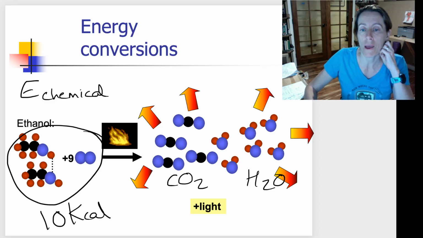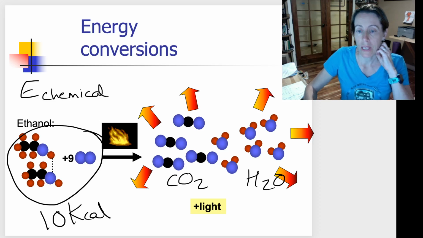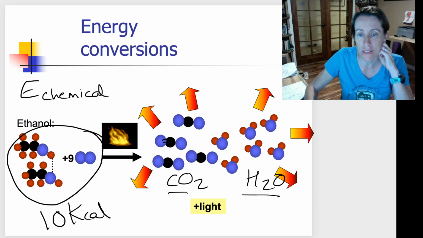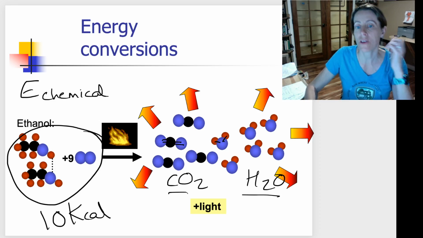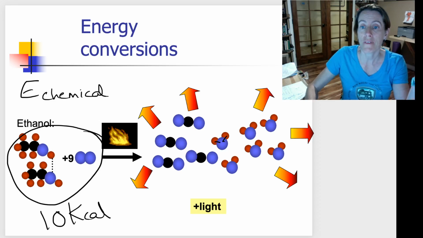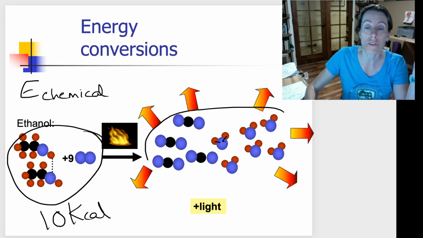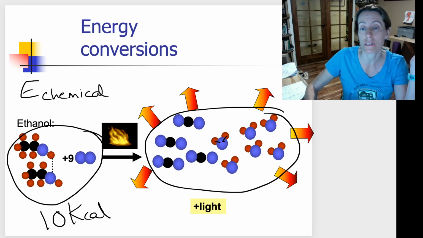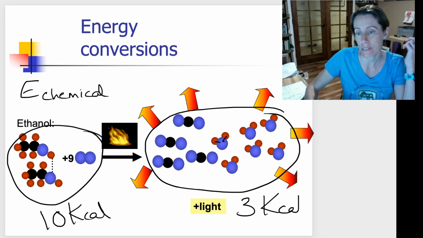And when we do the chemical reaction, we end up with carbon dioxide and water. And there's bonds here too, right? There's bonds attaching this C and this O. There's bonds attaching these O's and these H's together. So there's lots of bonds on this side of the equation as well. But if I was to add up all the energy in all these bonds, it's only going to be 3 kilocalories.